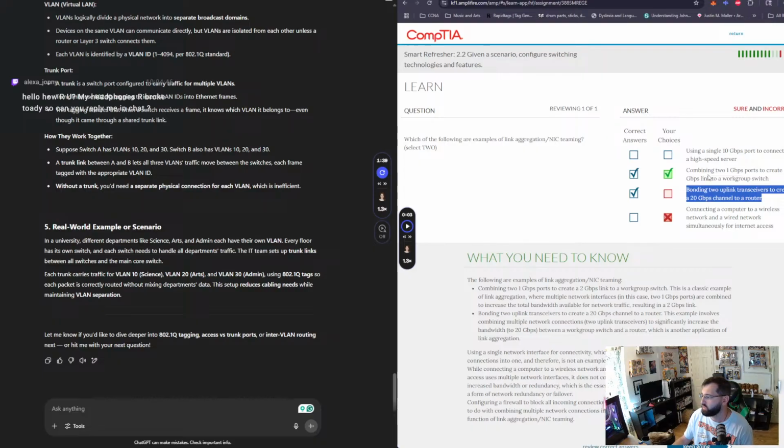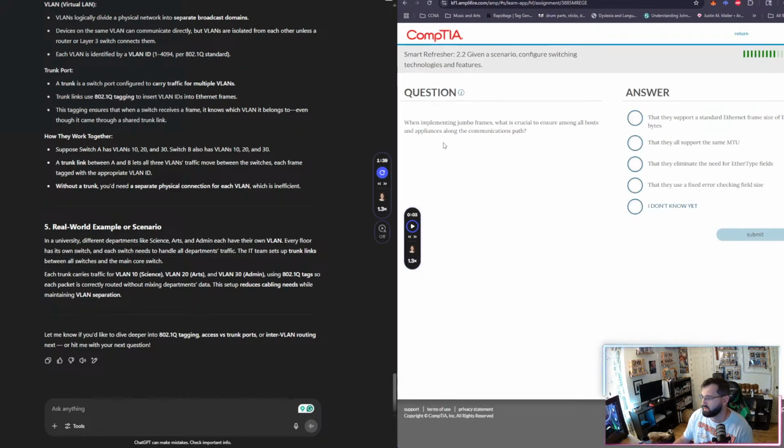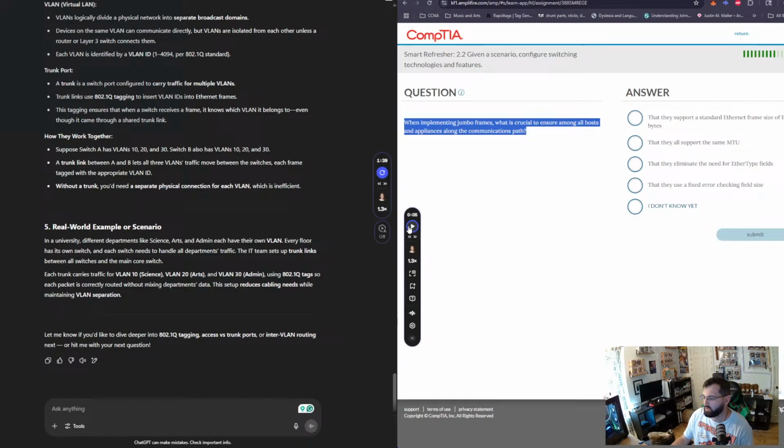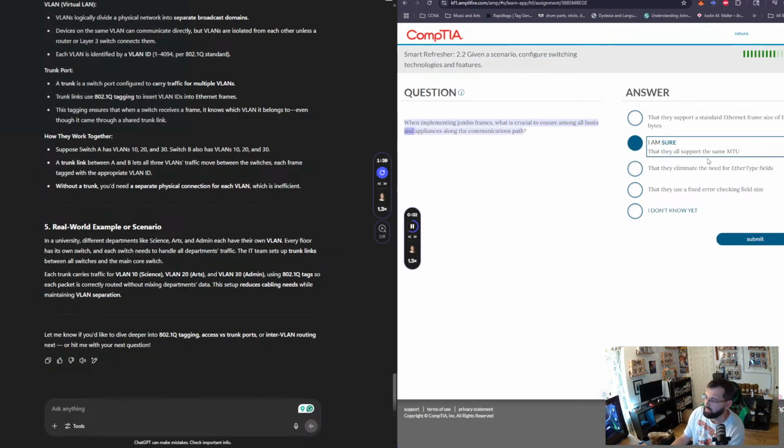Combining two 1 gigabyte ports to create a 2 gigabyte link to a work group switch. Okay, let's keep going. When implementing jumbo frames, what is crucial to ensure among all hosts and appliances? That they all support the same maximum transmission unit.